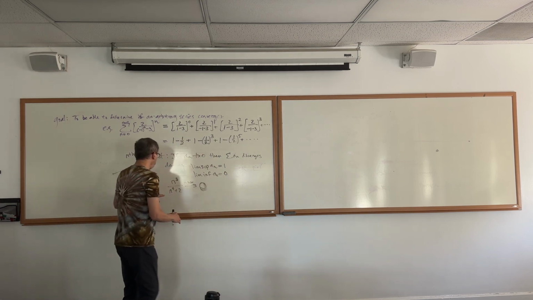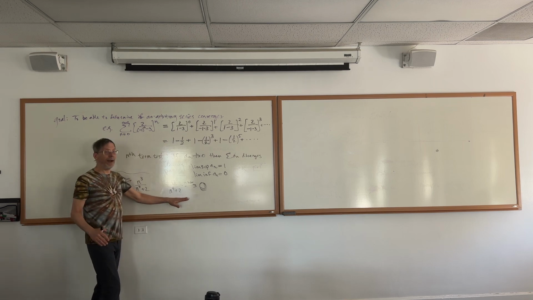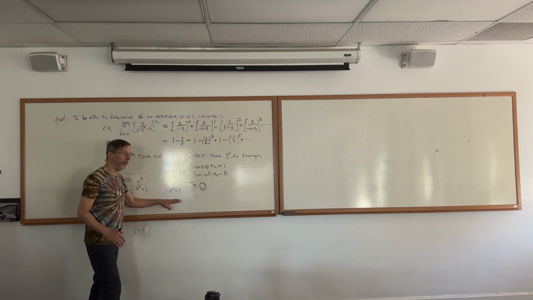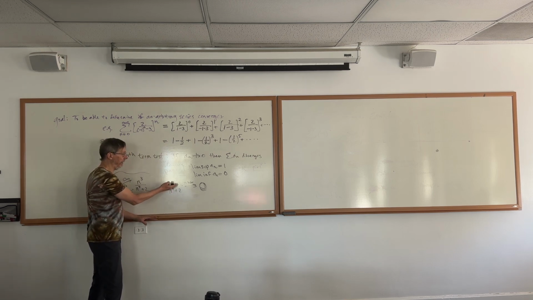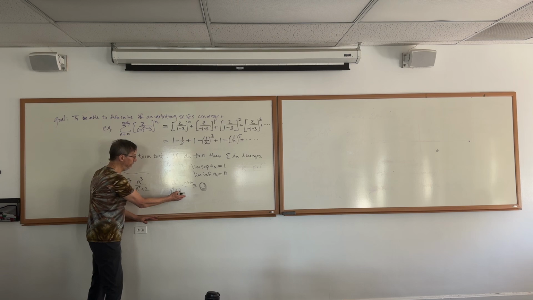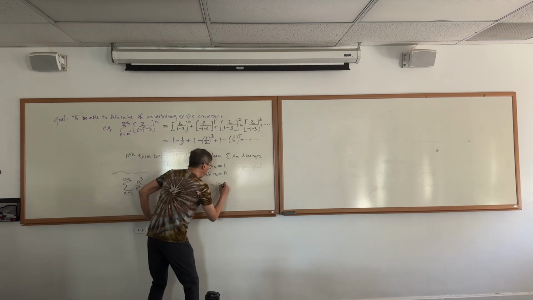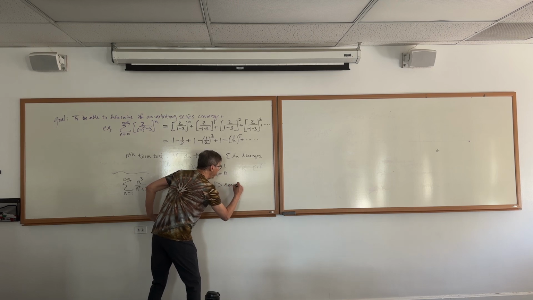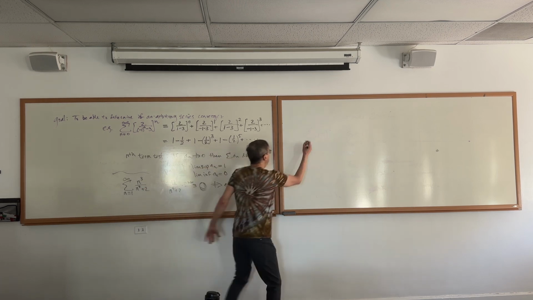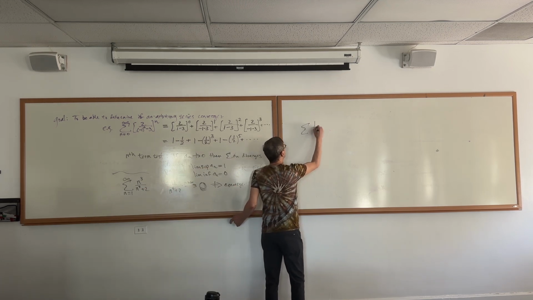So these do go to 0. You're absolutely right. This limit does go to 0. You can think the top is just not blowing up as fast as the bottom. But that doesn't mean convergence. So this does not imply convergence. And I want to just give you an example right here. Think about this series, 1 over n to the 1/2.